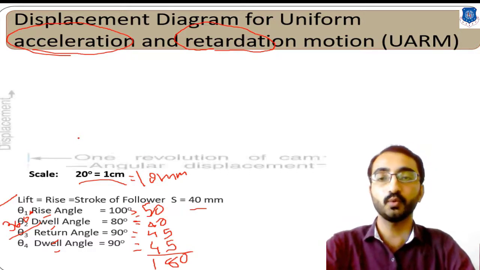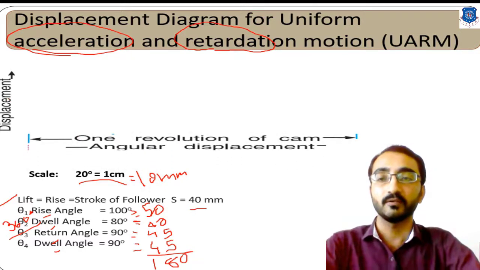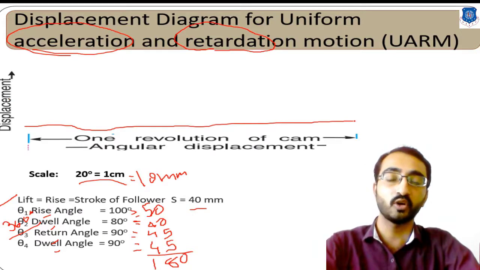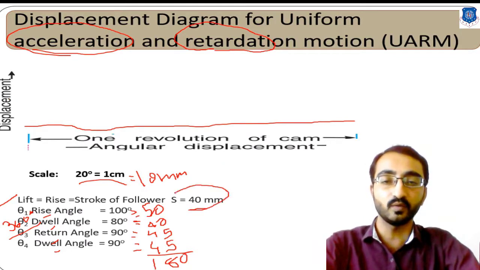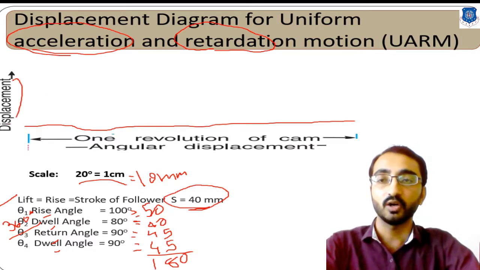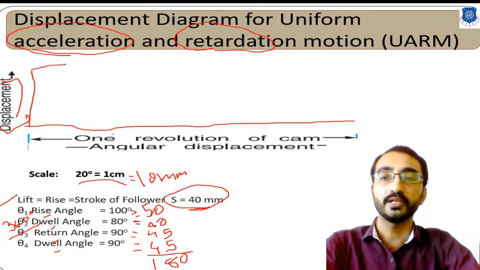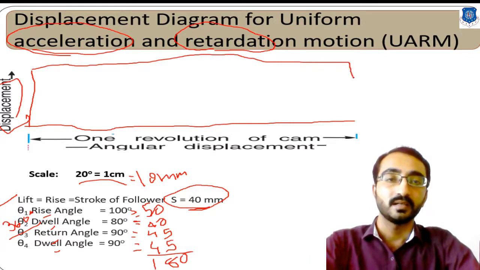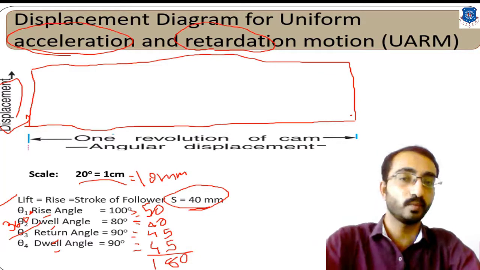To plot the horizontal and vertical lines, one revolution of the cam is 180 mm on the horizontal, and the vertical line represents the displacement of the follower, that is the stroke, which is 40 mm. So again, draw a 40 mm line and complete this rectangle as we have done in the previous two methods.